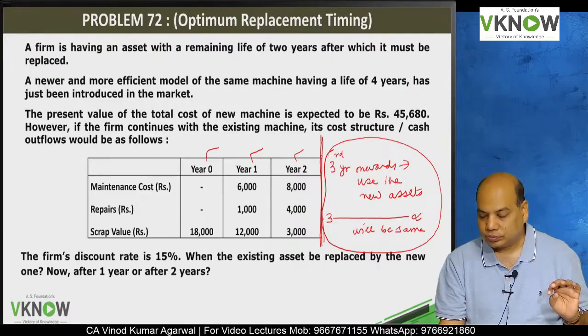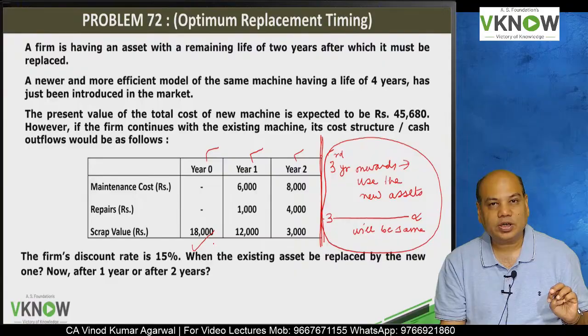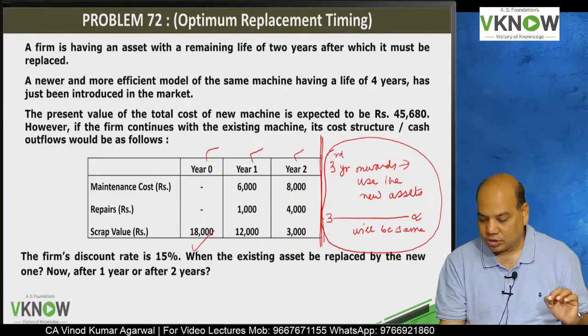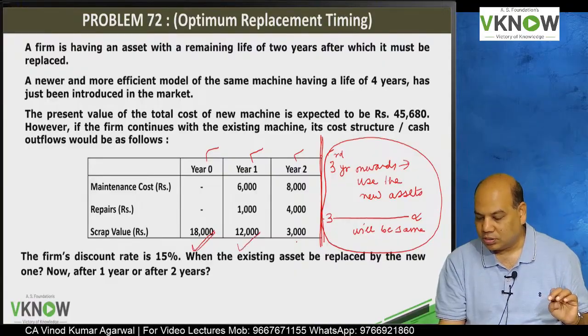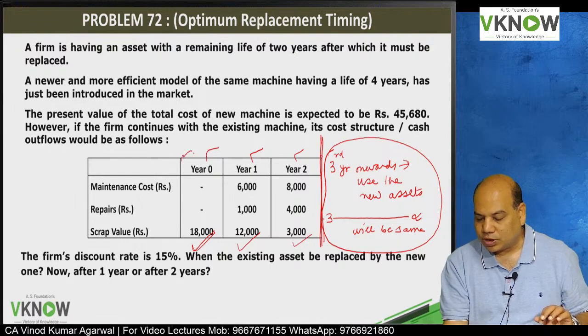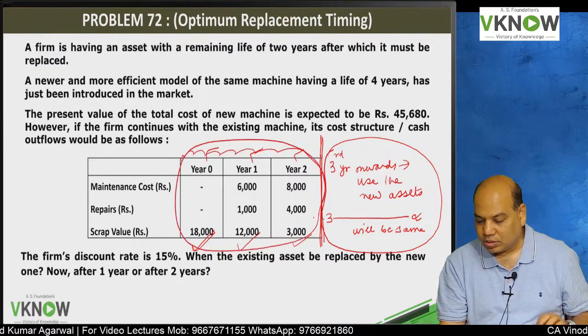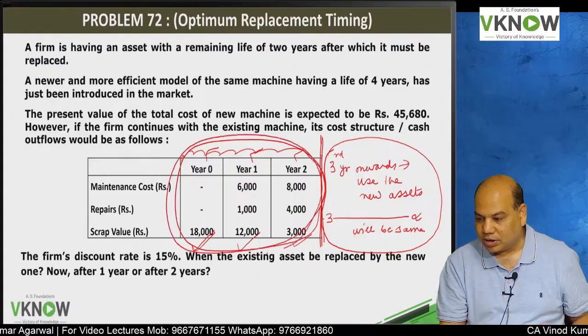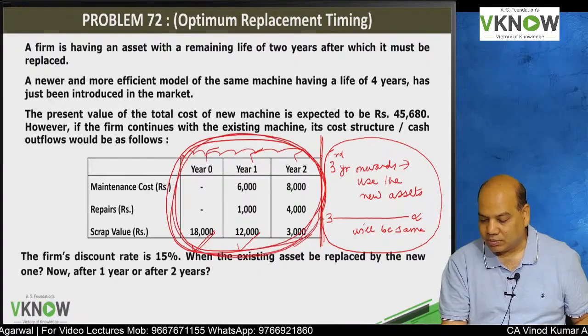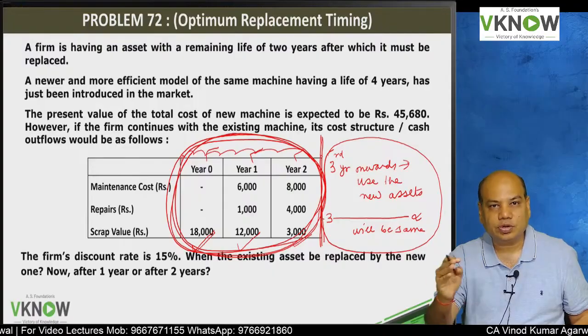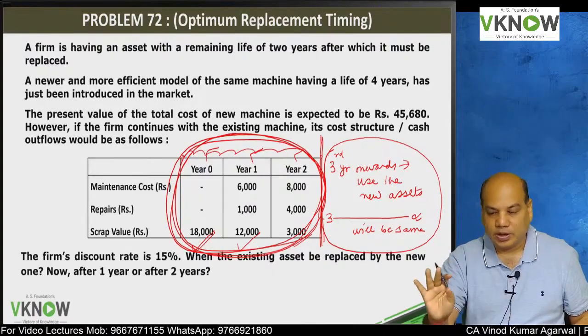if you replace after year 0, year 1 or year 2. Cash flows can be different only in this period. If you take a replacement decision in this period, cash flow of year 0, 1, 2 will be different.